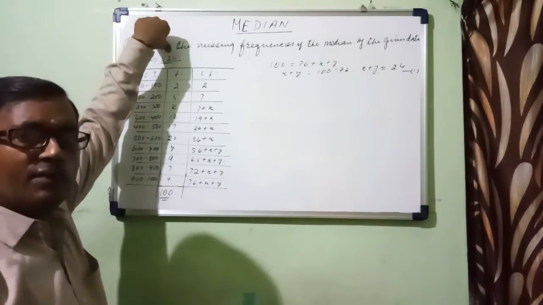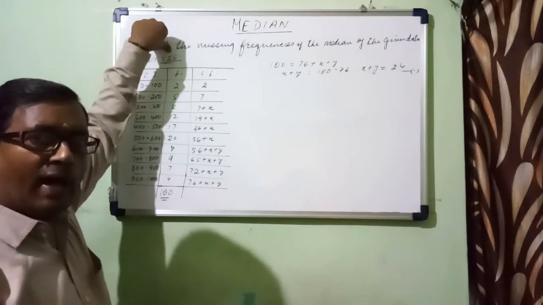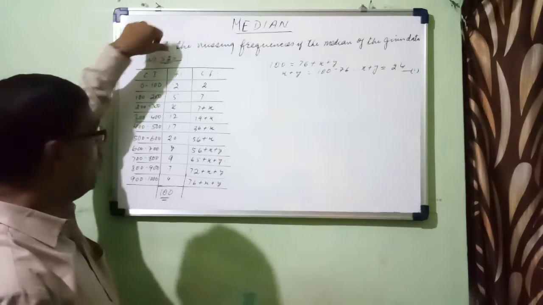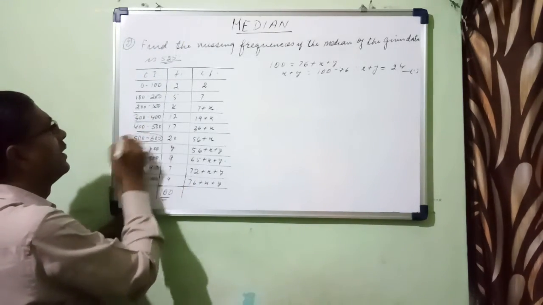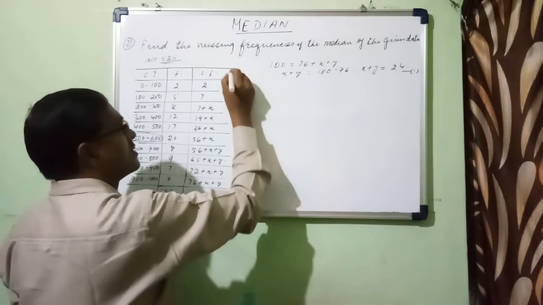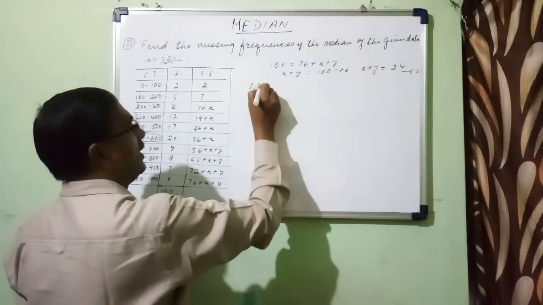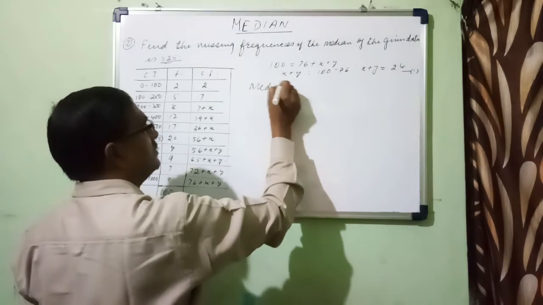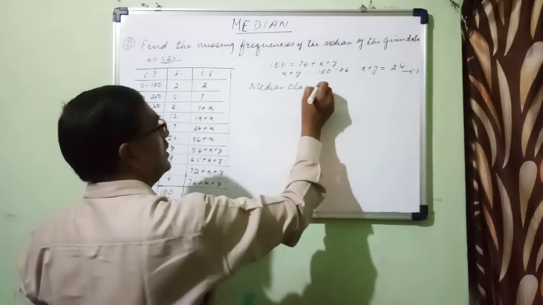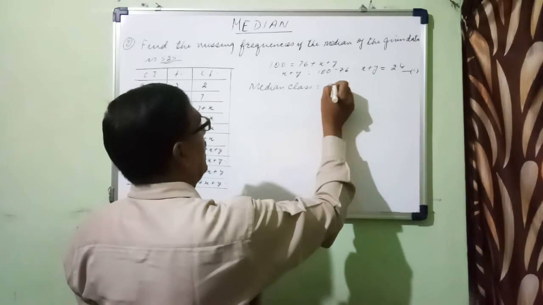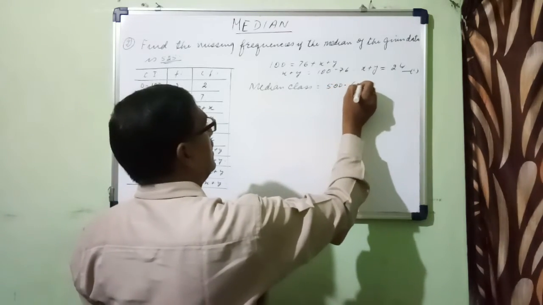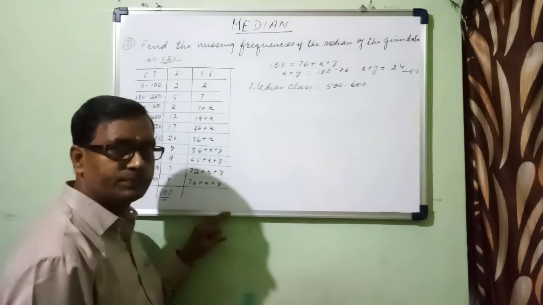What is the median given? 525, and where will this 525 fall? It will fall in this. So you can recognize the median class is equal to 500 to 600.